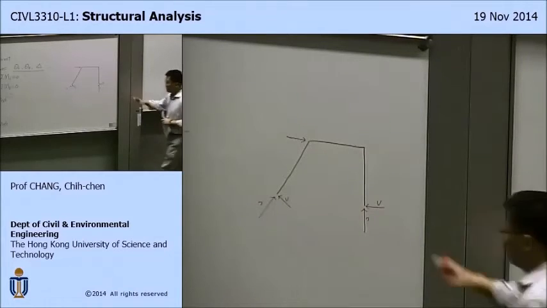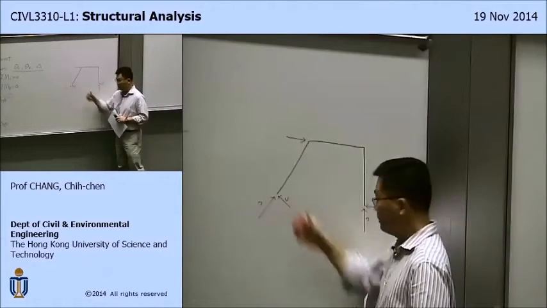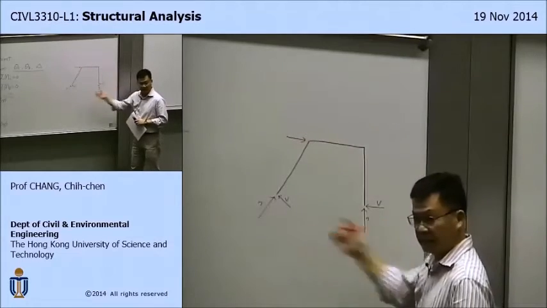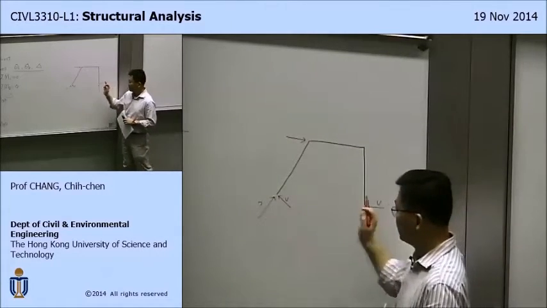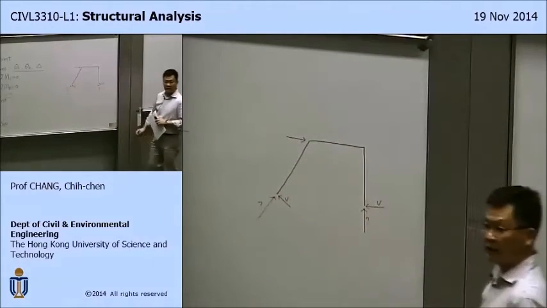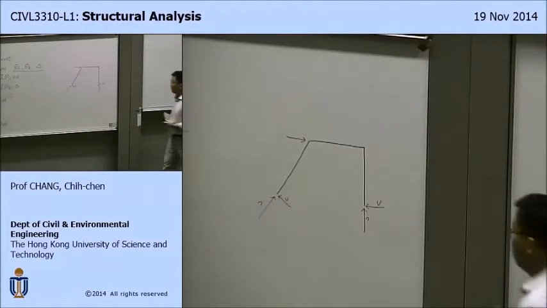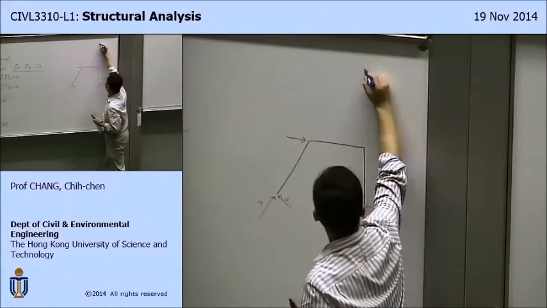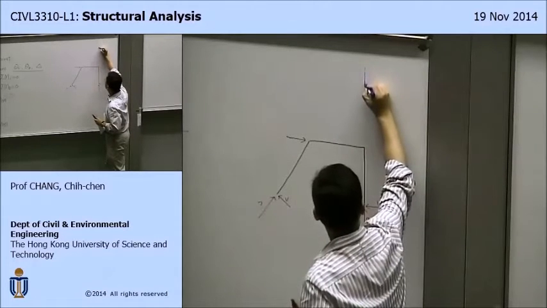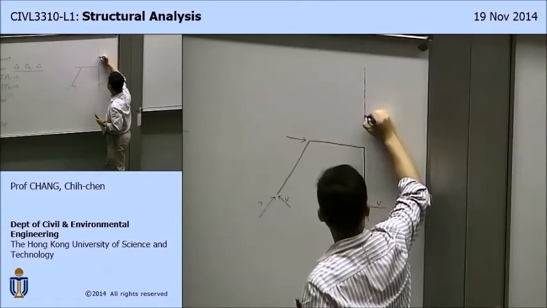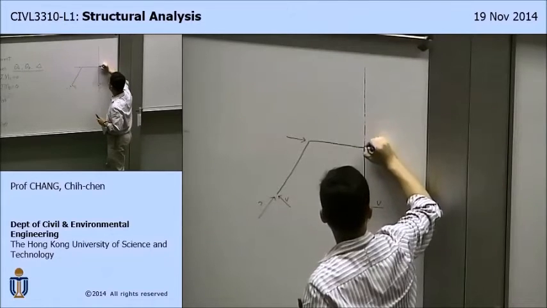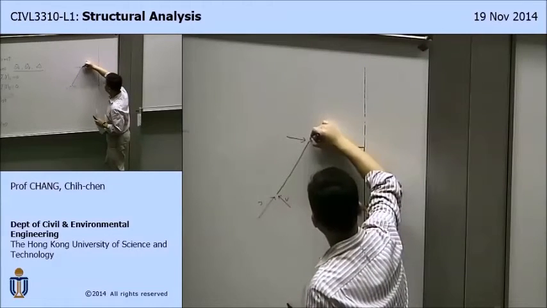So I want to set up one additional equation from this so that I can put it there to help me solve the problem. So the answer is yes, but you have to do it intelligently. You have to extend this line, extend this line.